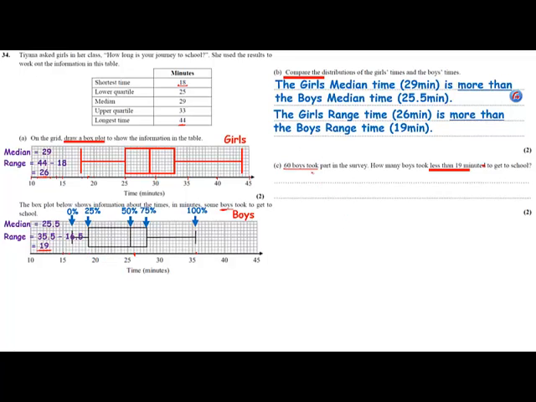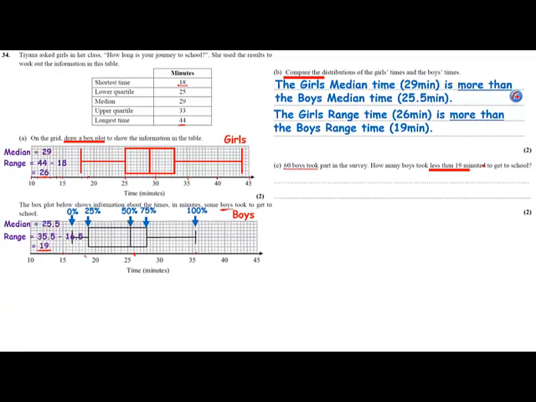We know there's 60 boys took part, so 100% is 60. 75% is 3/4 of that. 50% is half of that, 30, and 25% is 1/4 of that, 15. How many boys took less than 19 minutes?